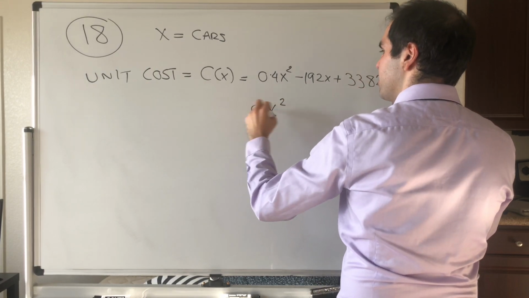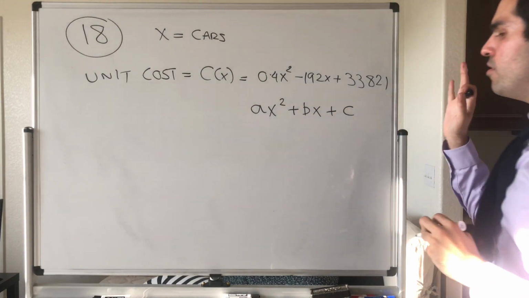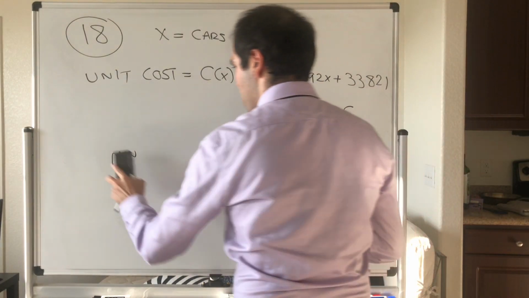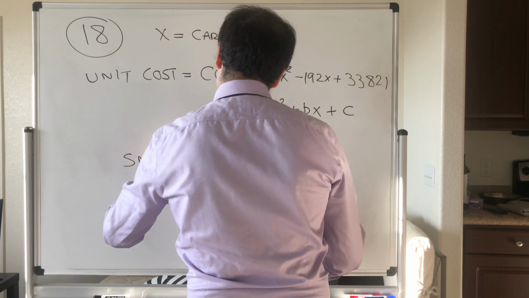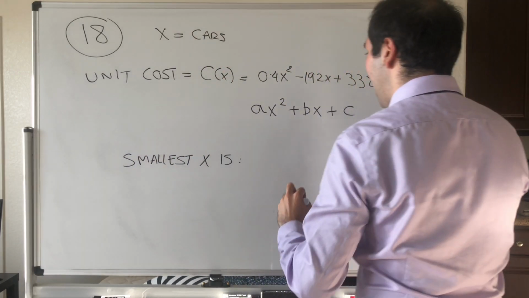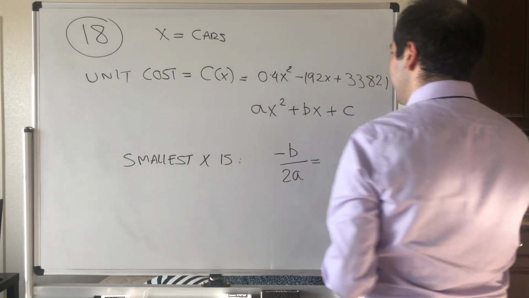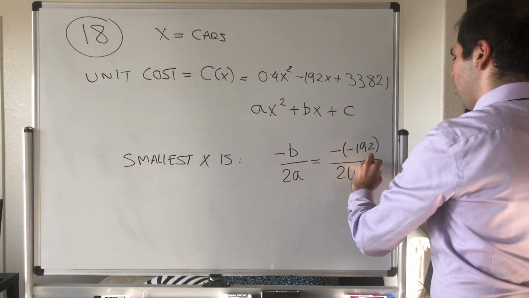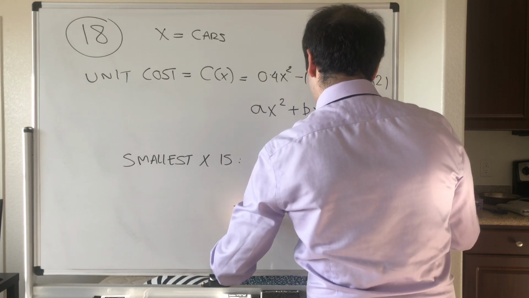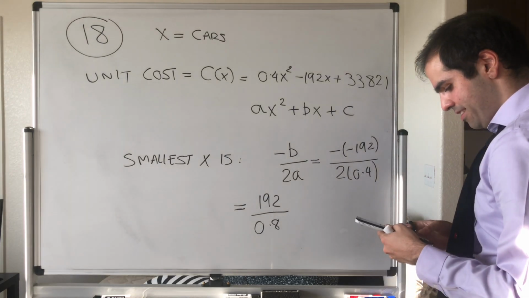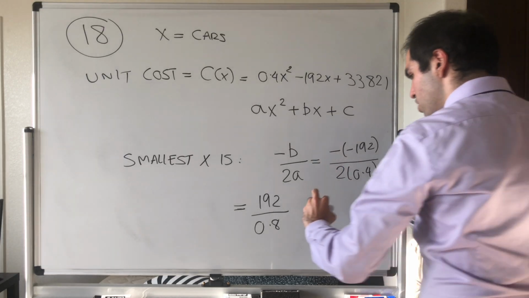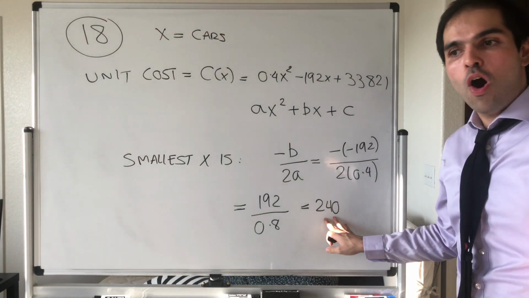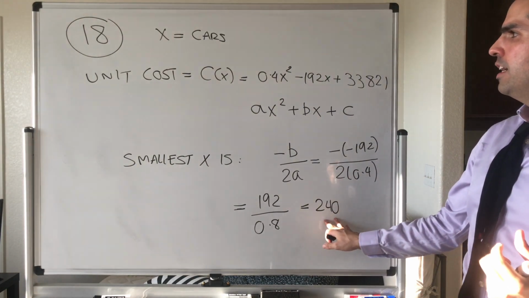But if the cost is ax squared plus bx plus c, then the minimum cost is, I guess, not the minimum cost, it's the smallest input, simply given by minus b over 2a, which in this case is minus 192 over 2 times 0.4, and that is 192 over 0.8, and let's calculate that. 192 over 0.8, and that's 240. But careful, this is not the answer.